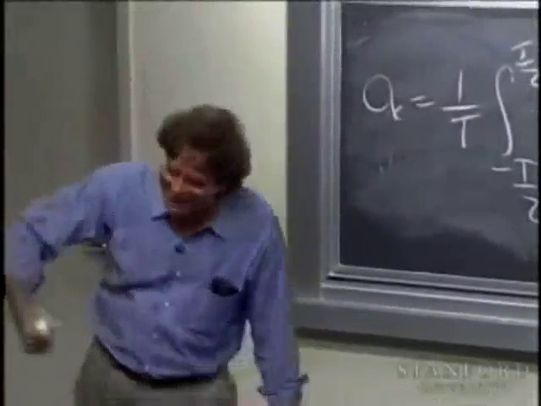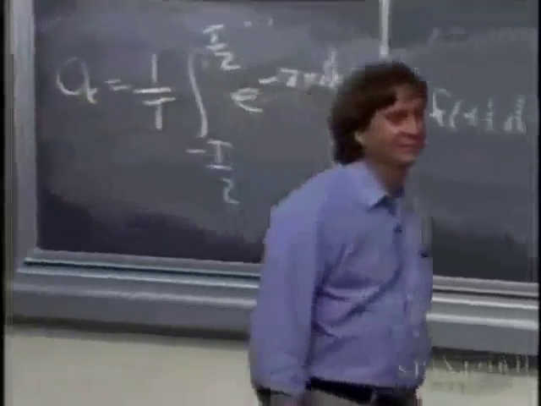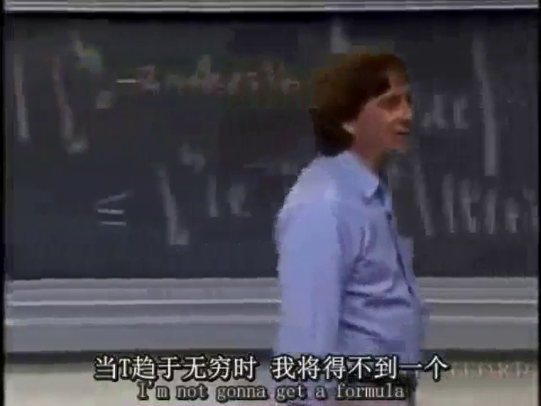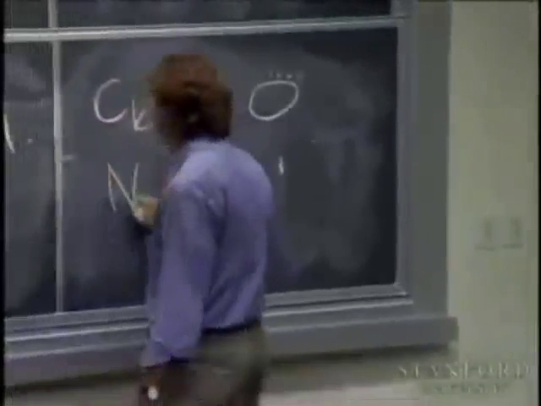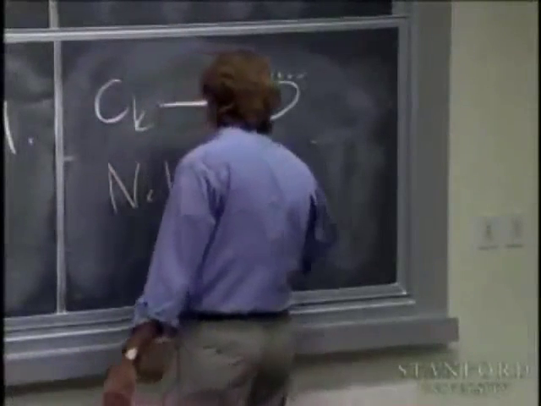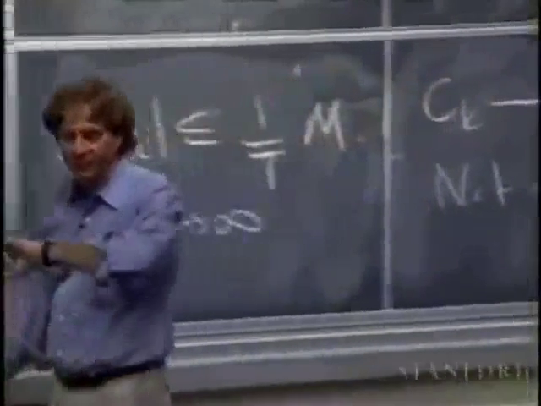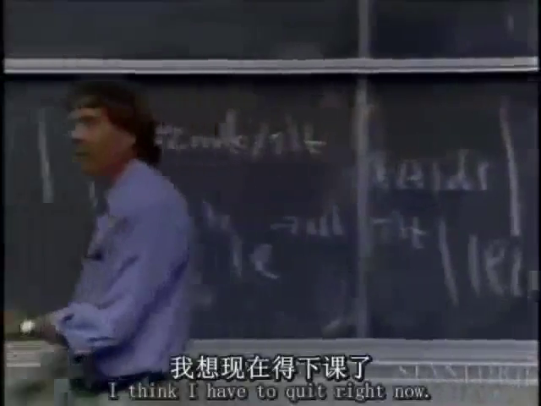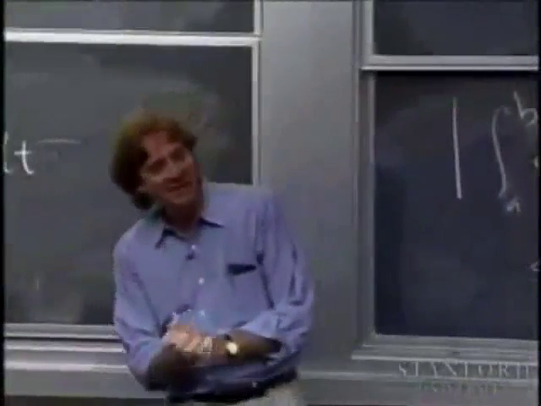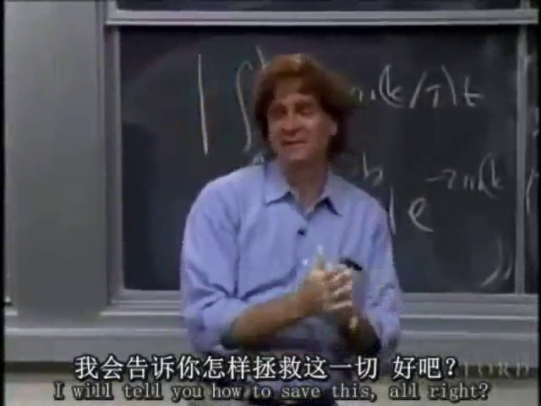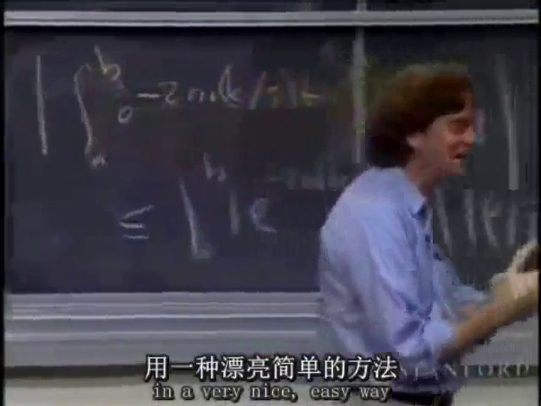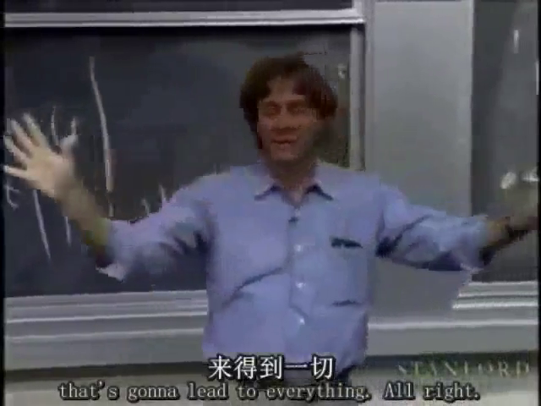Not great. I'm not going to get a formula that's going to help me as T tends to infinity. I think I have to quit right now. Tomorrow, on Friday, I will tell you how to save this, in a very nice, easy way that's going to lead to everything.